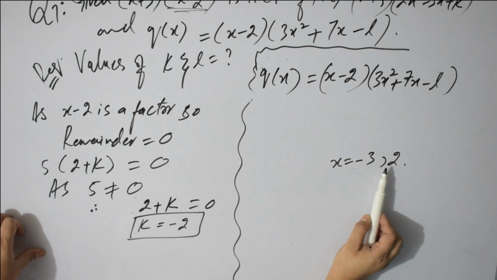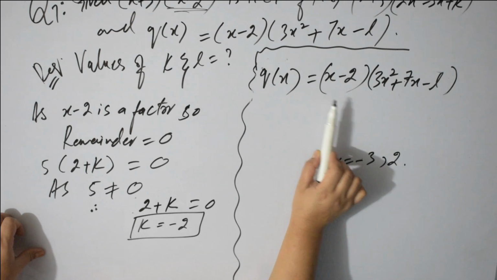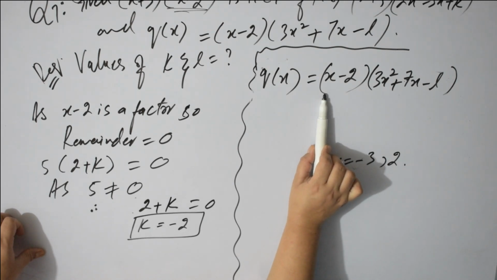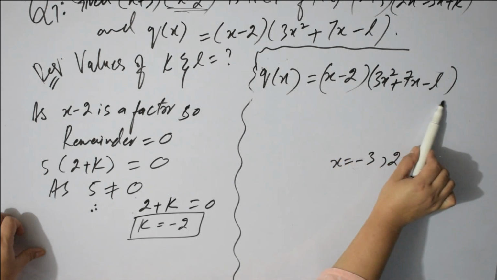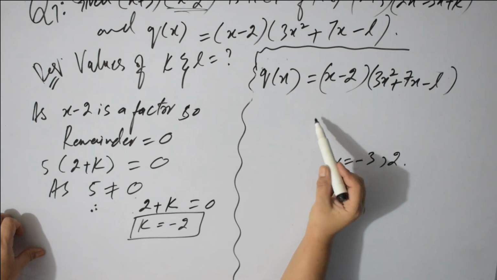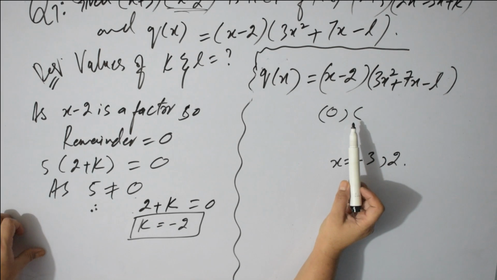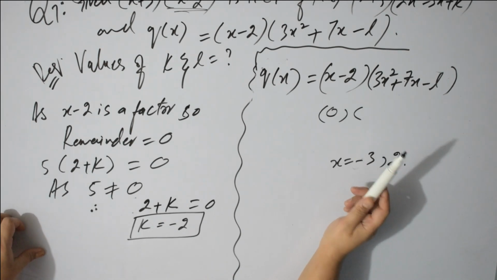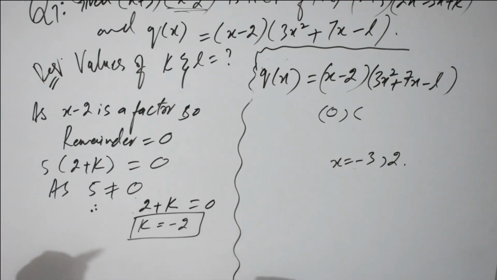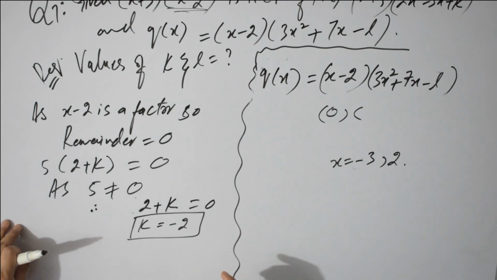If I put, let's suppose, 2 in here, 2 minus 2 becomes 0, and 0 multiplied with this factor is 0. So again the same thing, I cannot get the value of L when I put x is equal to 2.